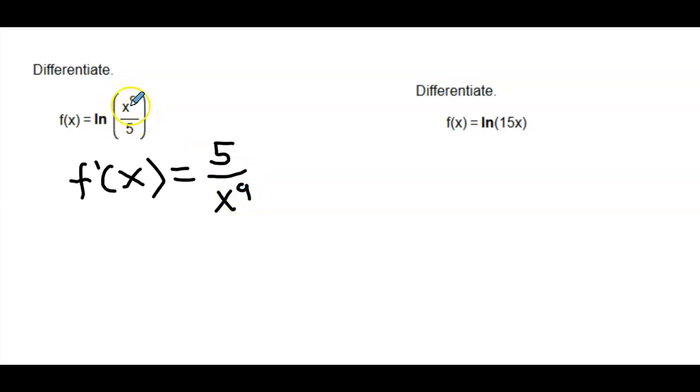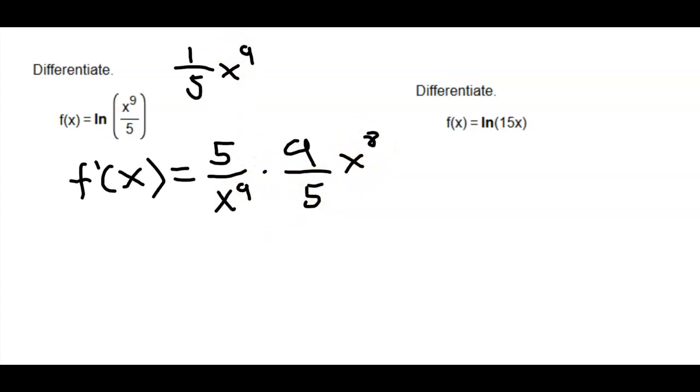Now we're going to multiply by the derivative of x to the 9 over 5, which might be a little more obvious if we write it slightly differently. It's the same as having a coefficient of a fifth. Using the power rule, the derivative of x to the 9 over 5 is 9 over 5 x to the 8th.